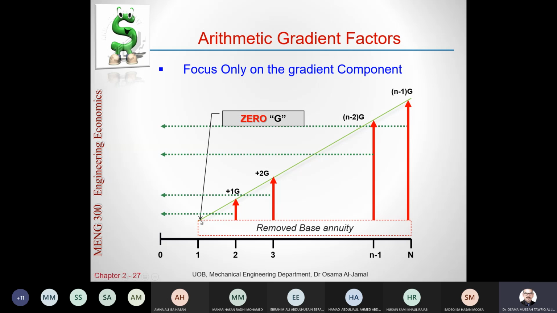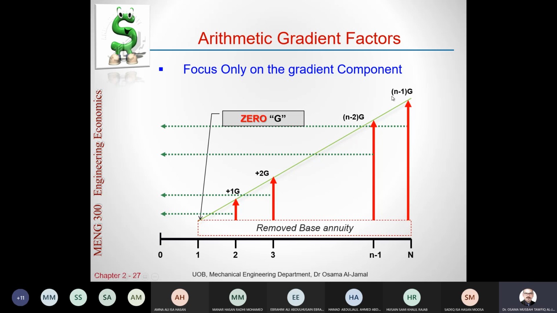Note that the first cash flow of that gradient is 0G. So at time 1, period 1 is 0G. Period 2 is 1G. That's why they said 2 to the left to find the P, 2 to the left of the first arithmetic gradient.